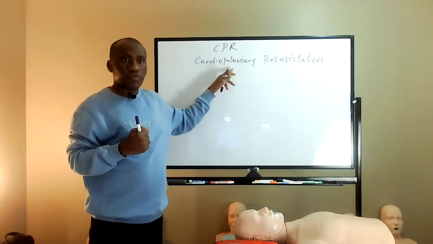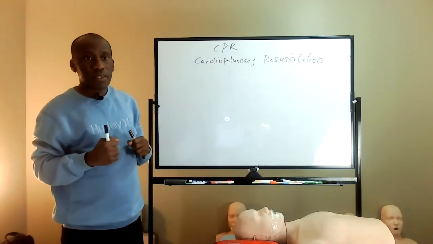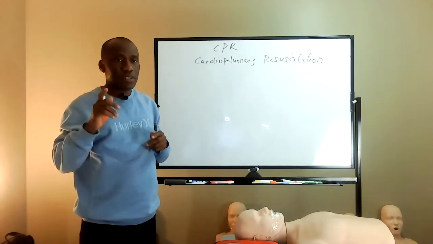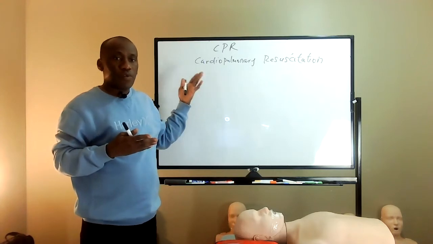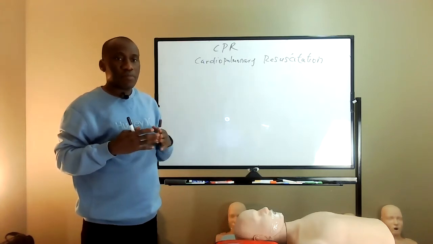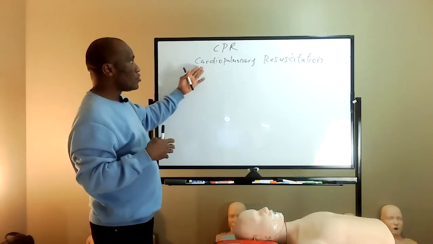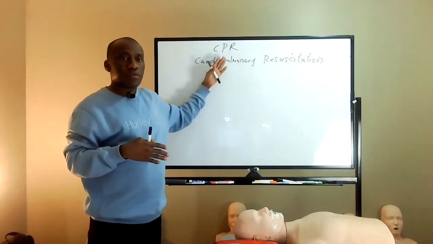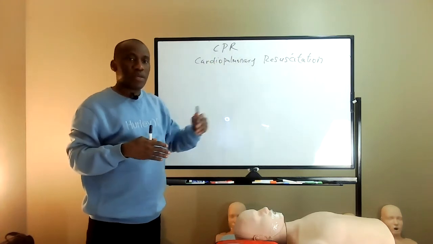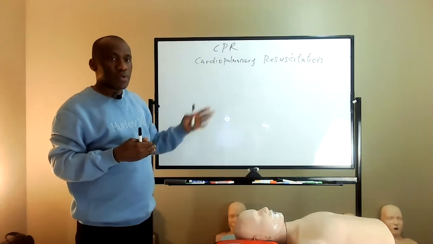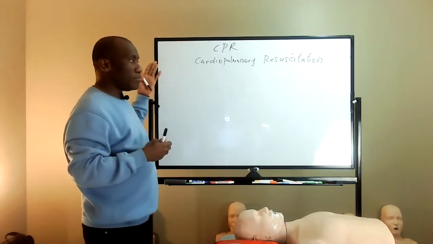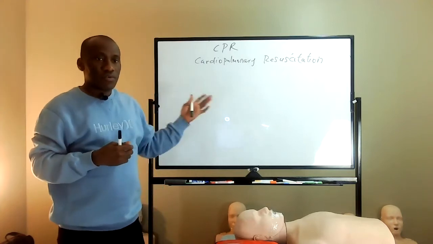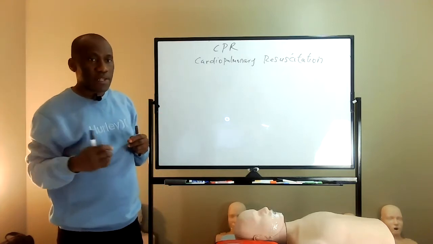So if those two organs are not working, of course, the life is going to be cut short if nothing is done. If no intervention is done to somebody whose two organs, the heart and the lungs, are not working, of course, you know that that person will die, because nobody can live without those two organs performing optimally.